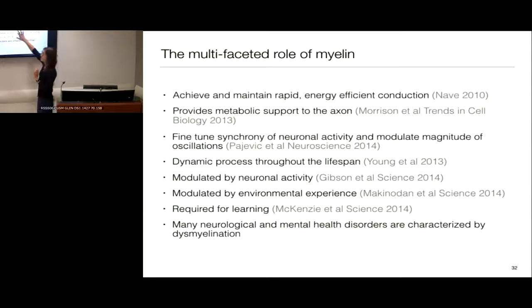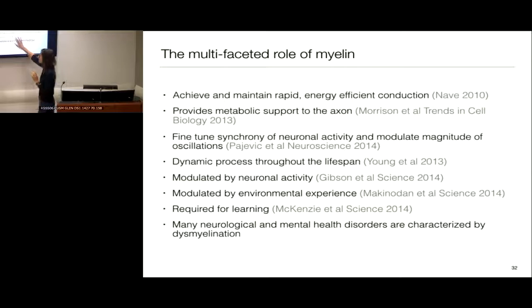Really exciting new studies show that myelin is modulated by neuronal activity. If you literally stimulate an area of the cortex, you will produce new myelin sheaths there. People have also shown that it's modulated by environmental experience. If, for example, you isolate animals such that they have no contact with other animals, they will have hypomyelination of their cortex.